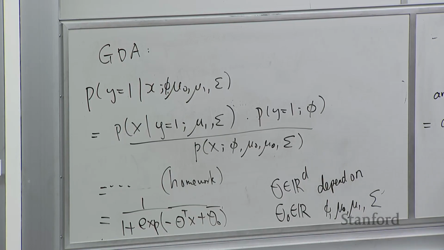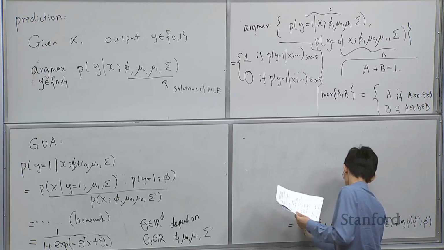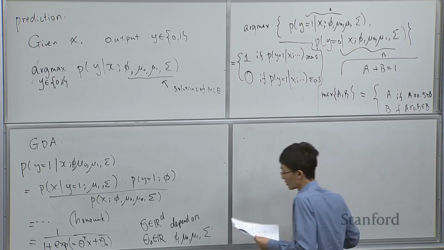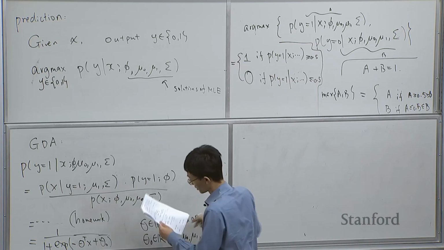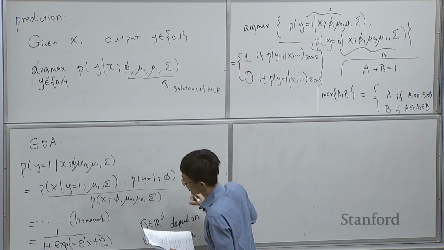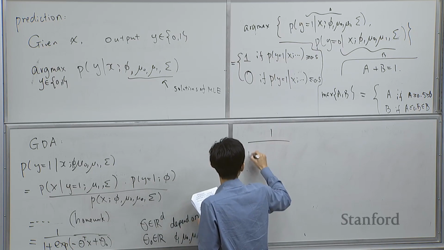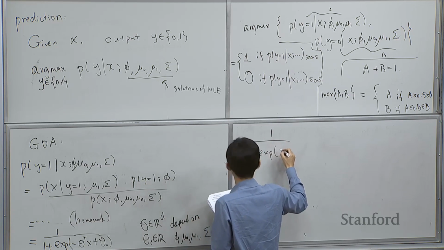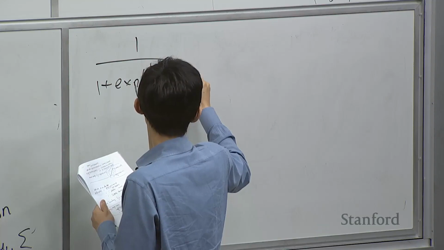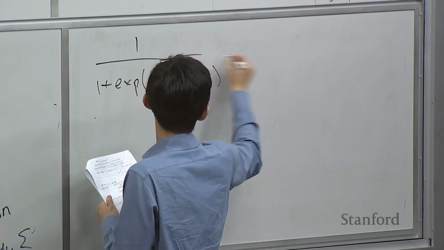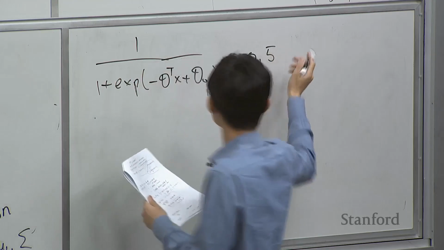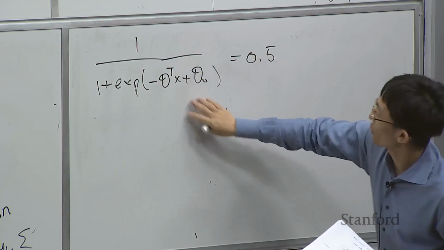Let me do that real quick. Sorry, we are running a little bit late. The decision boundary is when this is equal to 0.5.